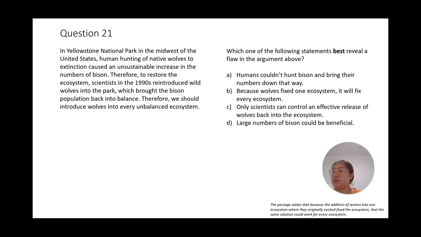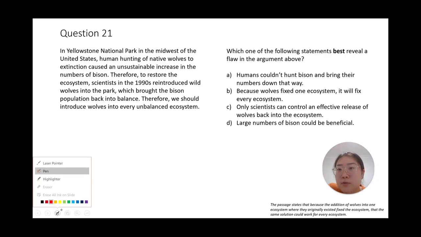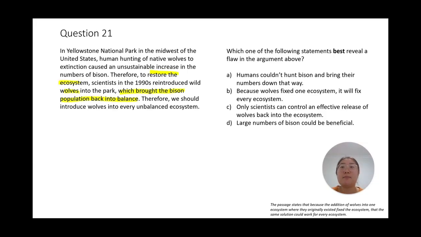Question 21. Which best reveals a flaw in this argument? So they're talking about wolves, and they said that the wolves restored the bison population in this specific park. However, then they say, therefore, we should introduce wolves into every unbalanced ecosystem. What's wrong with this?